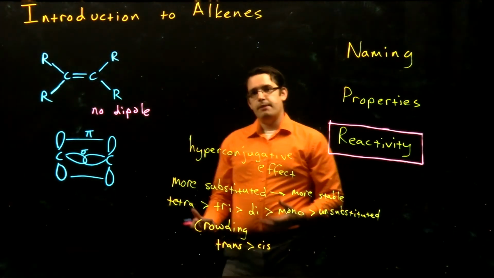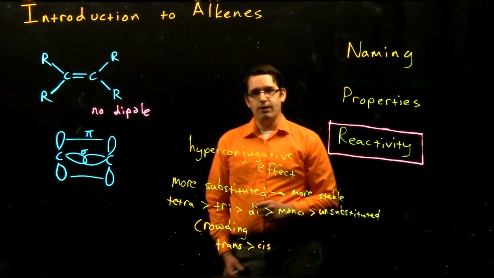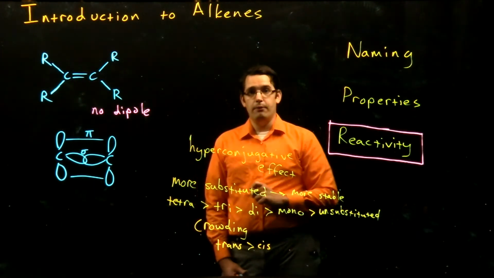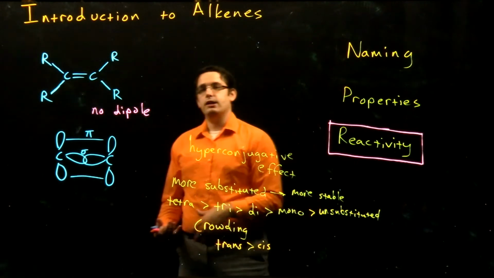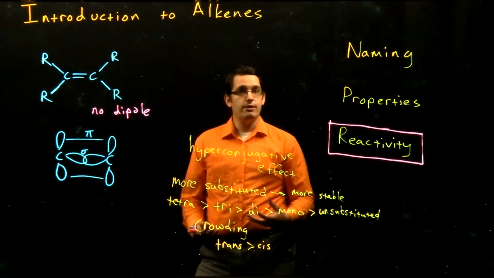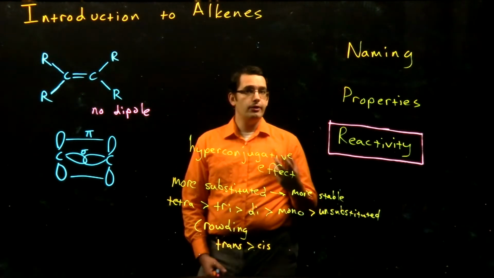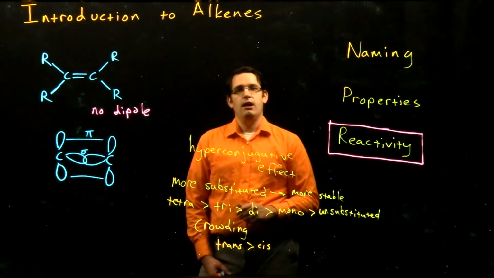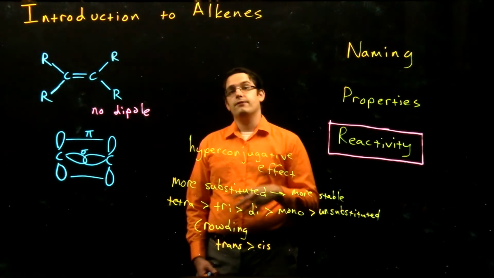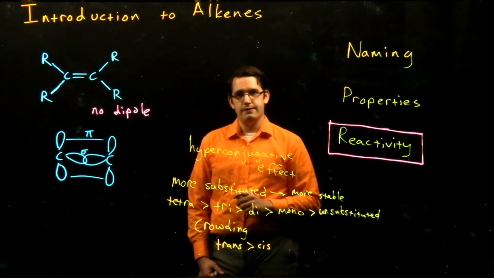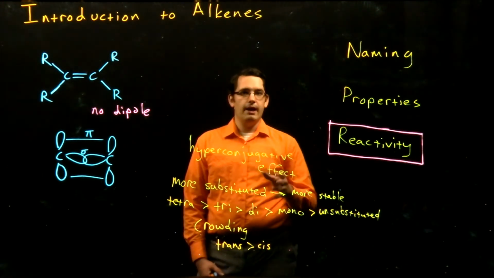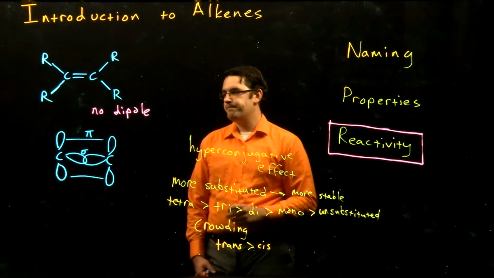Now, of course, while it's very important to consider the stability of our alkene in order to determine our reactivity, we also want to look at areas that might have high electron density or low electron density. Right? So we talked about nucleophiles and electrophiles when we looked at our alcohols and at the different nucleophilic substitution reactions that can occur with our different alcohols and alkyl halides.